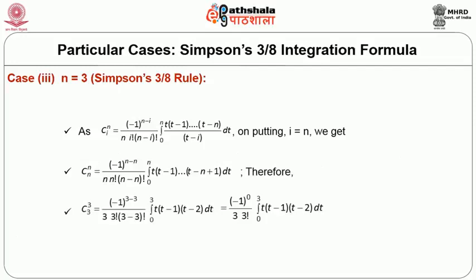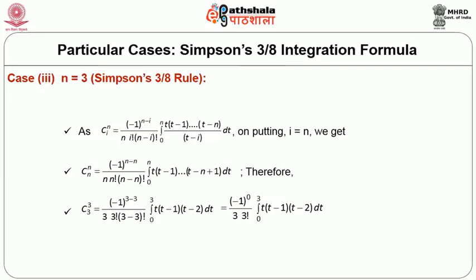Again, the most convenient expression will be 3c3, so let us derive 3c3. nci is (minus 1) raised to (n minus i) upon n into i factorial into (n minus i) factorial, the integral from 0 to n of t (t minus 1) ... (t minus n) upon (t minus i) dt.